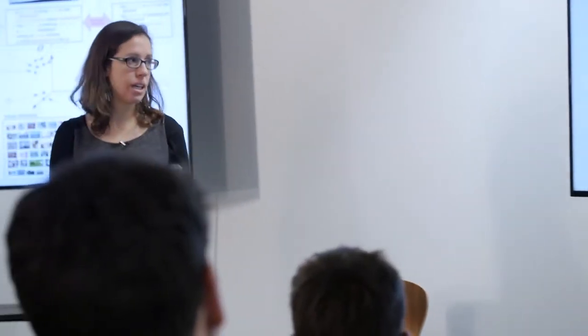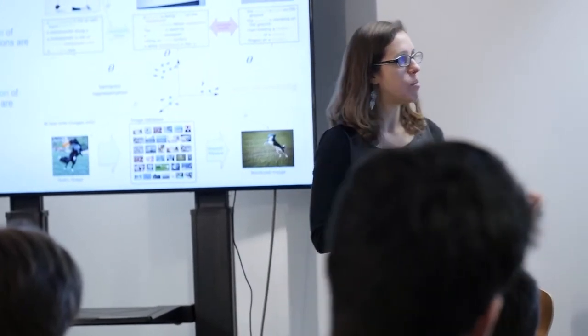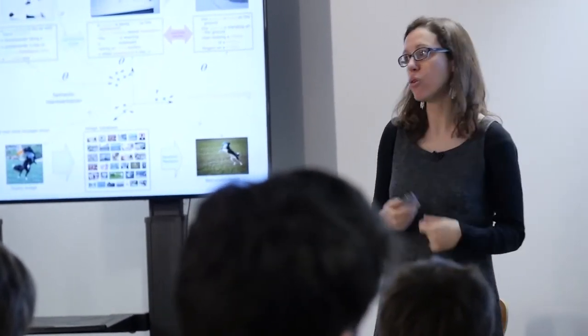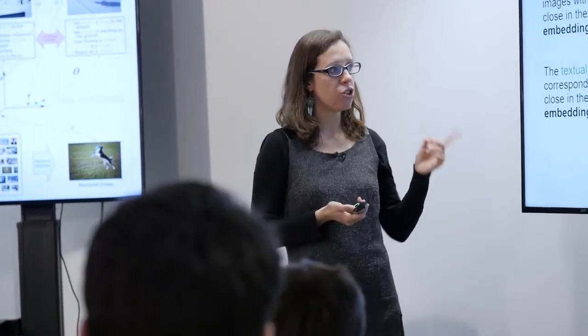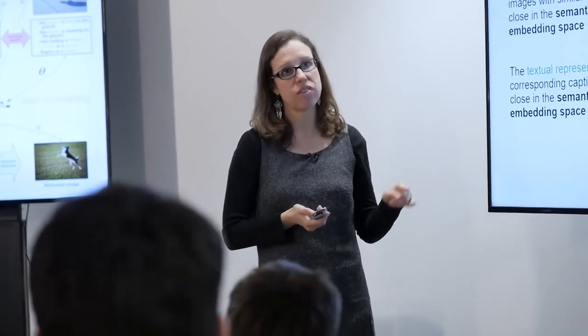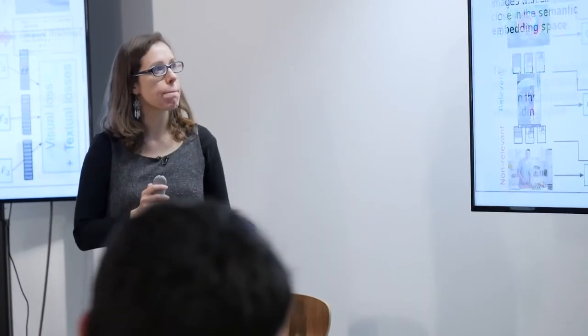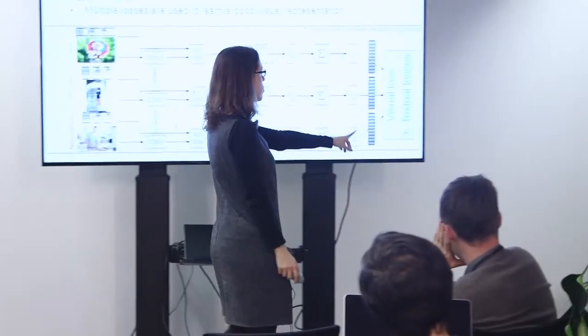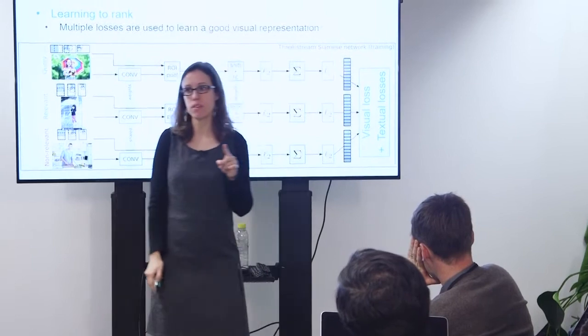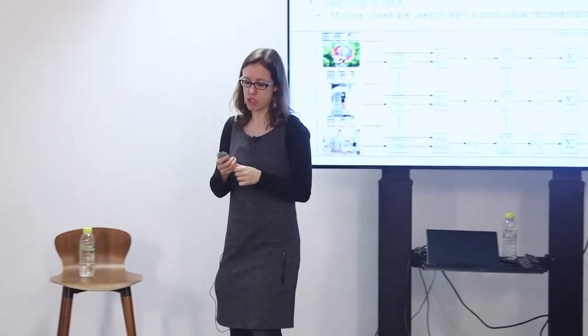Of course, again, at test time, we have no text. So it's not going to help us at test time. But maybe by using this information at train time, we also train a better representation. Also, we'll see that having a textual embedding is going to be interesting for some applications. So how do we do that? We have, again, the same architecture, except that now, instead of having only a visual loss, we have 2 textual losses that are the cross-modal losses I mentioned.